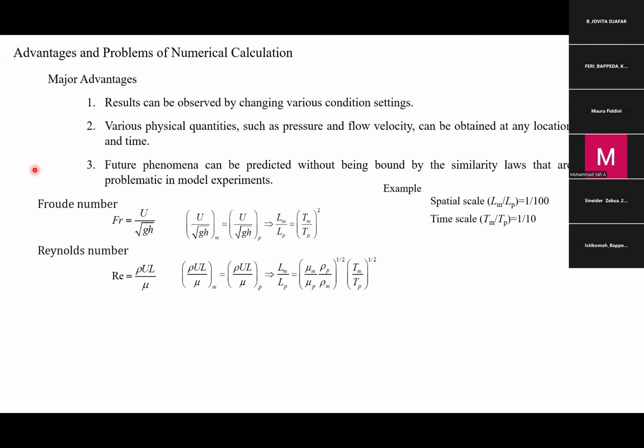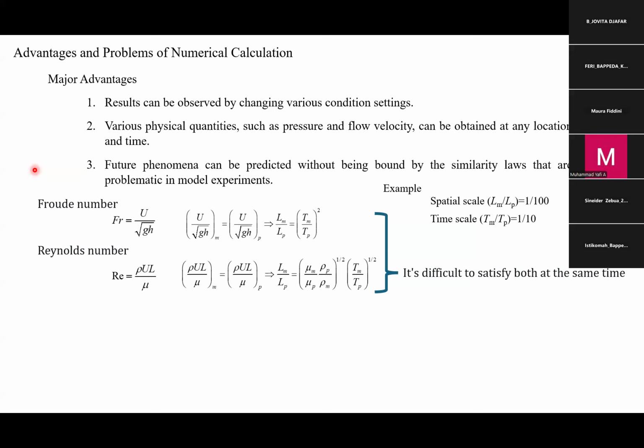And this is the definition of the Reynolds number. The Reynolds number is very, very important in the case of viscous fluid motion. But it is difficult to satisfy both at the same time. Okay.